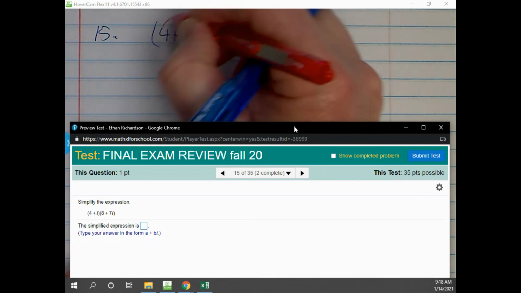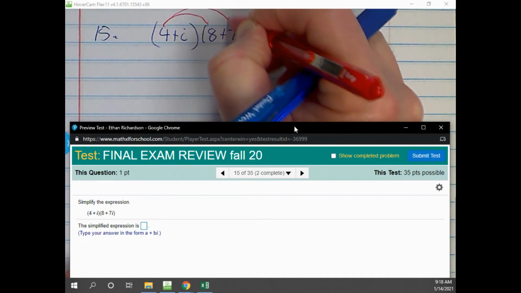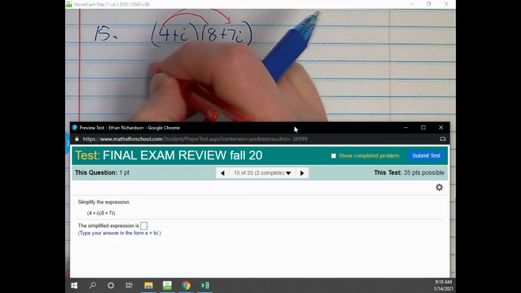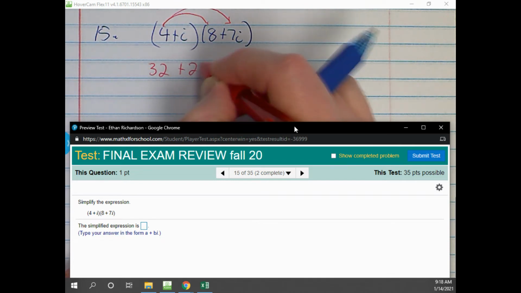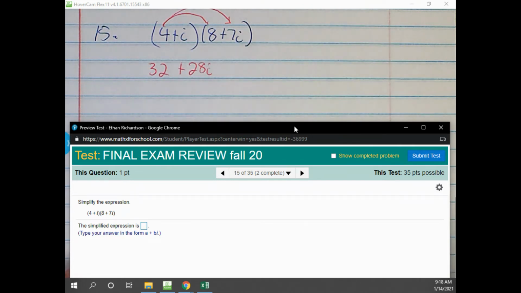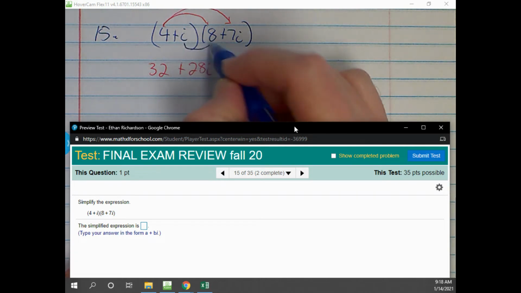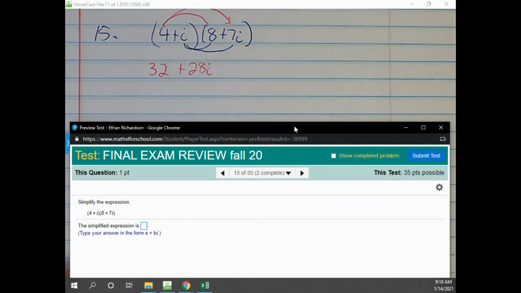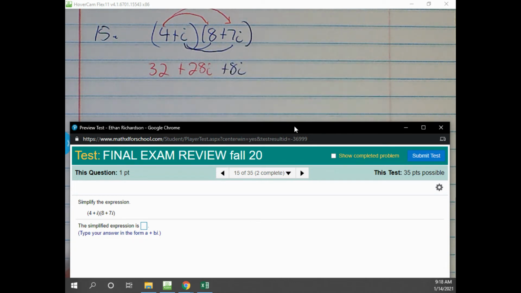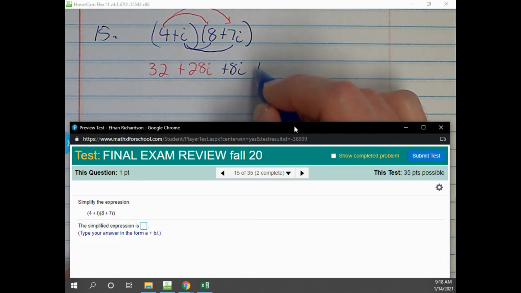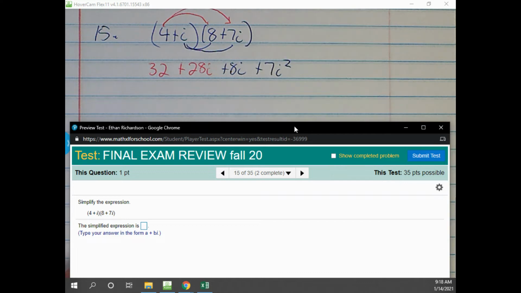We're going to do 4 times 8, using a little bit of the FOIL method. We'll do 4 times 8 for 32. We'll do 4 times 7i for 28i. And then we'll do 8 times i, and then i times 7i. So i times 8 is 8i. i times 7i is 7i squared.